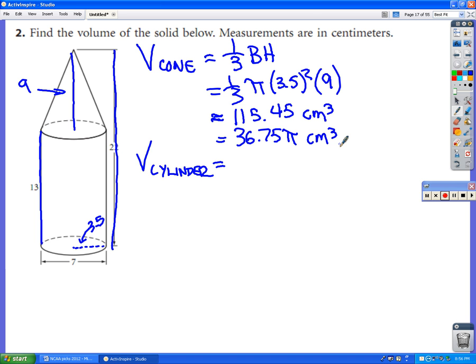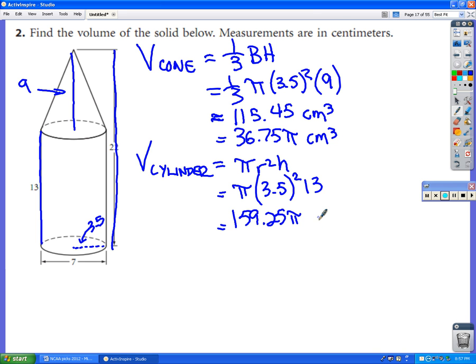Okay, now we need to add on to that the volume of the cylinder, the formula for that is pi r squared h. And so we know everything we need to know to figure that out. The radius of the cylinder is 3.5 centimeters. The height of the cylinder is 13. And so if I keep the pi in my answer, 3.5 squared times 13 is 159.25 pi cubic centimeters.